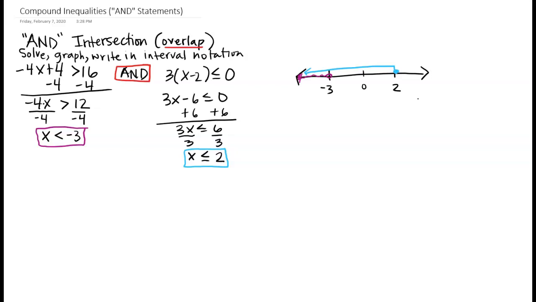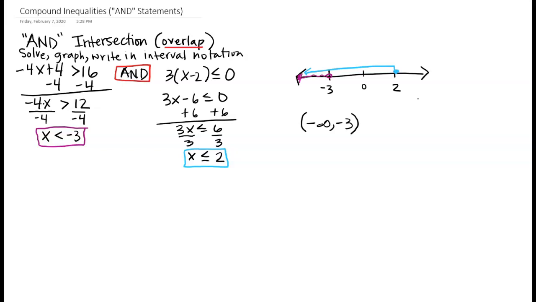So if I'm to write that down in interval notation, I'm going from left to right, so it's going out to negative infinity and then to negative 3, but it doesn't include negative 3, so we use a parenthesis, not a bracket. And so that's saying everything less than negative 3 are the parts where they overlap.